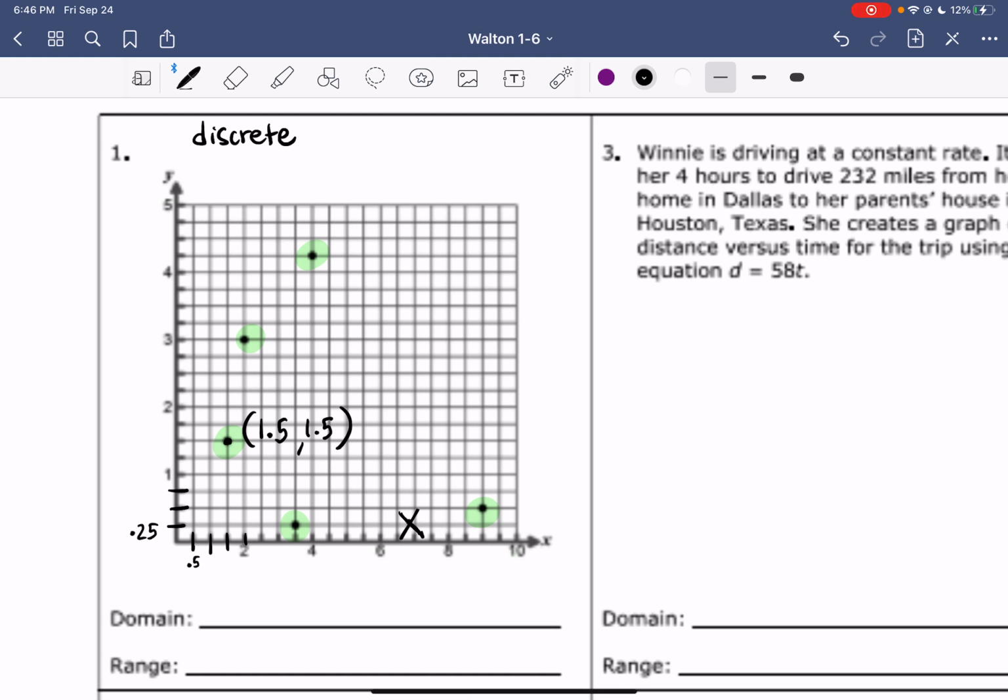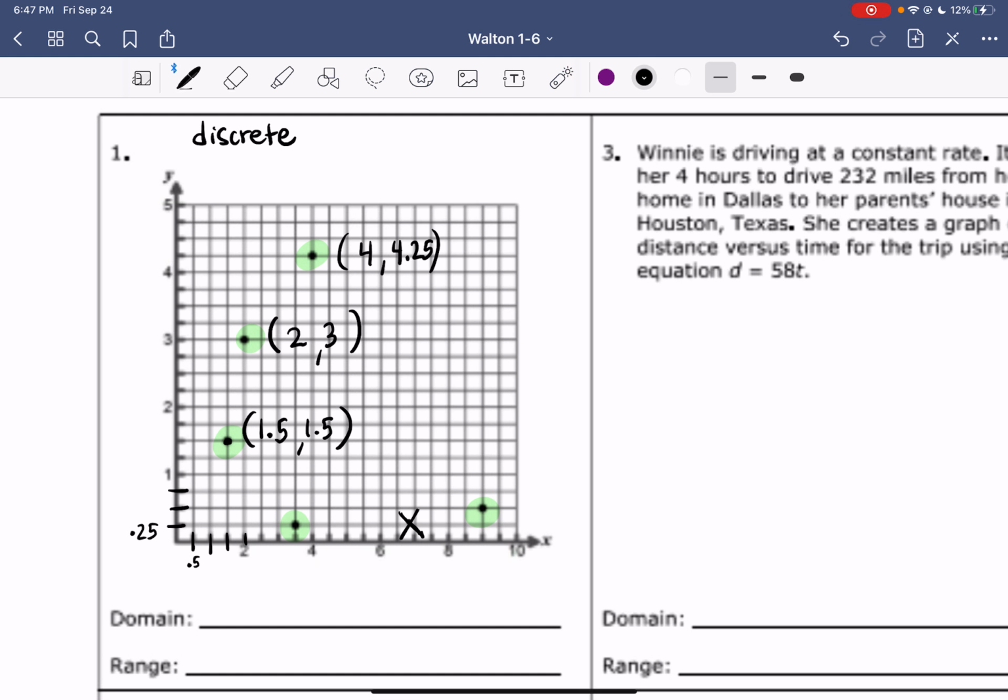Okay, we're going to do that for each of the points. Moving up, we have a 2 for my x and a 3 for my y. Going down, we have a 4 for my x value, and right across, we have a 4.25 for my y.